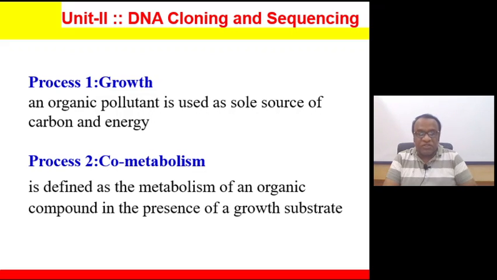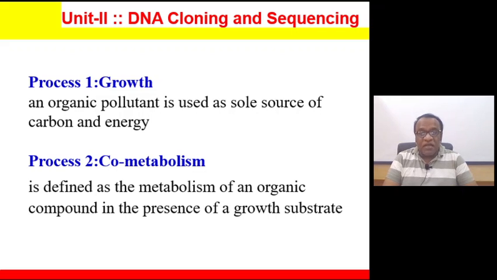Okay, so in process 1, that is growth, an organic pollutant is used as a sole source of carbon and energy. Now, this process results in complete degradation, that is mineralization, as said in the previous slide.